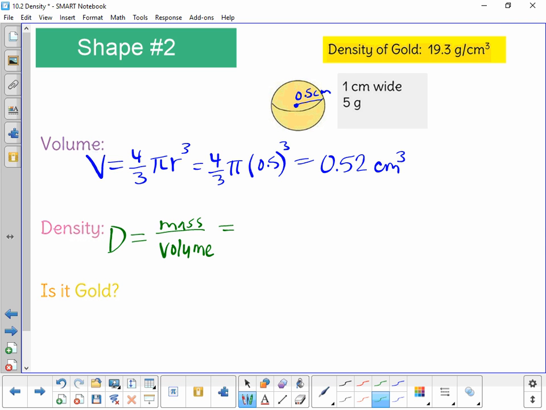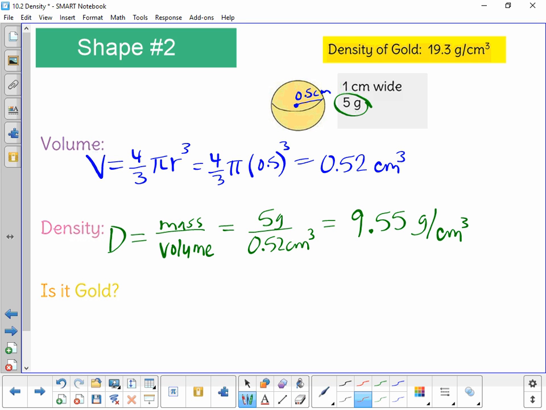Mass here is given to us, it's 5 grams, doesn't weigh much, and the volume was 0.52. So for the density, we find that it's 9.55 grams per centimeter cubed. It's much less dense than gold, so I would conclude that this is not made of gold.